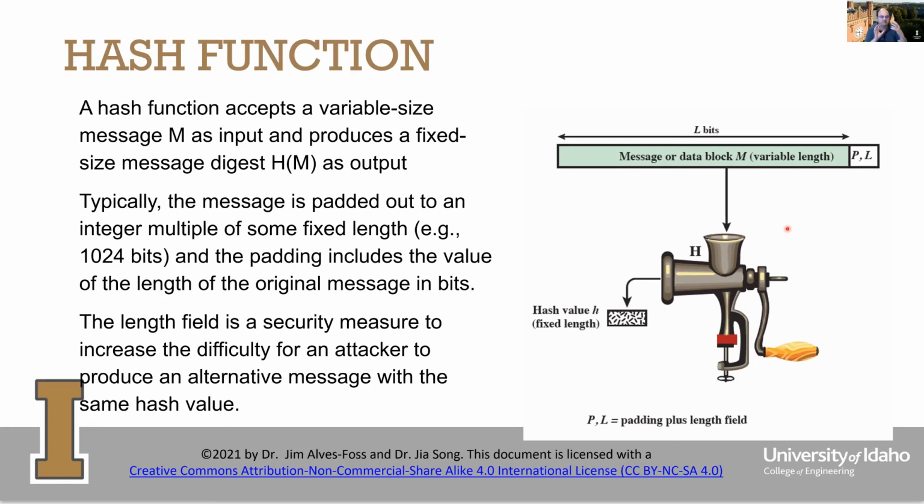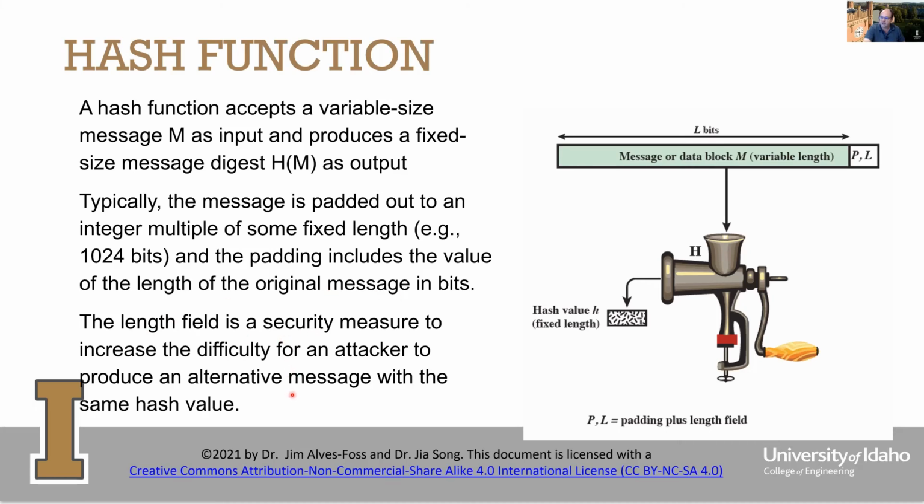So it always creates a fixed size, 128, 256, 192 bits, whatever. And typically the message is padded, so it's a multiple of some size, maybe a multiple of 1024 bits or 1K. The padding will include the value of the length of the original message as part of the padding, so we know what it is.